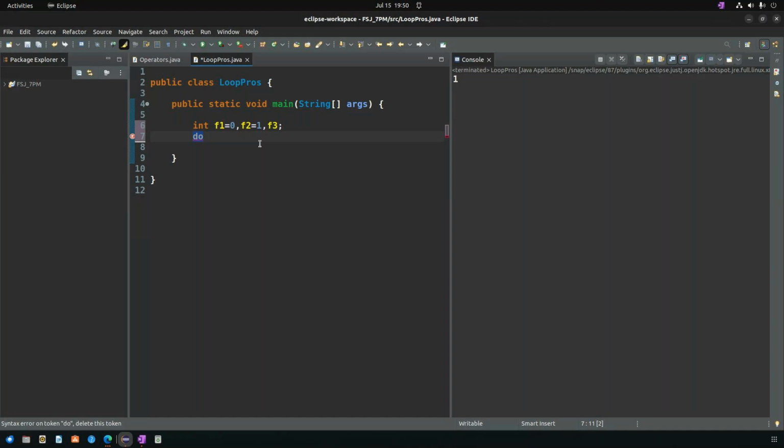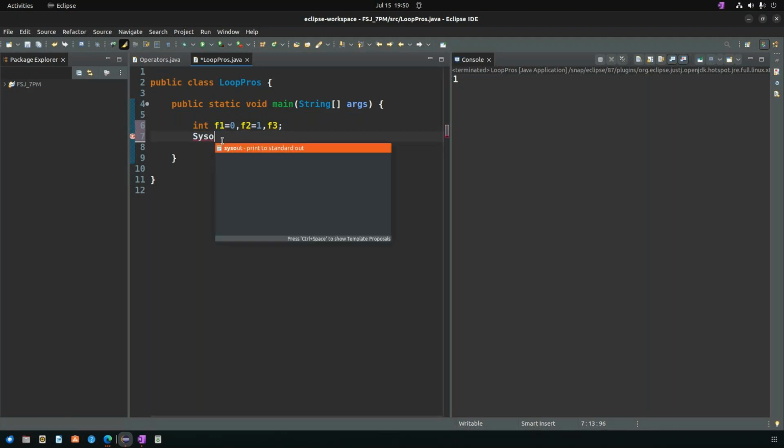Here I will say the loop should go for 8 times. You need 10 numbers, but this loop should go for 8 times. Why am I saying 8 times? Because the first two numbers are already given.